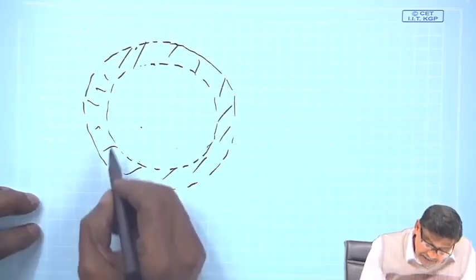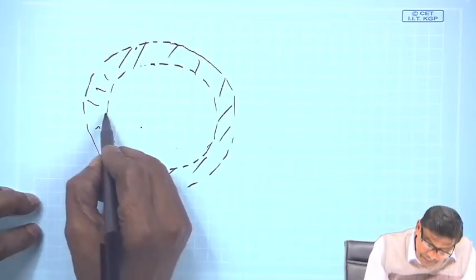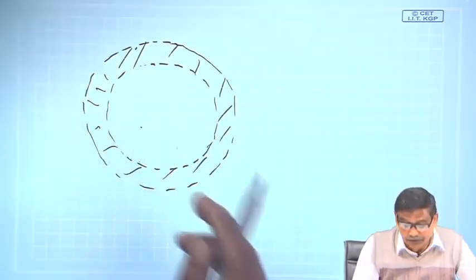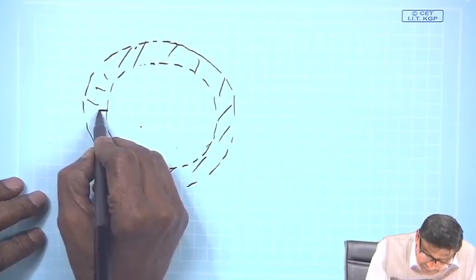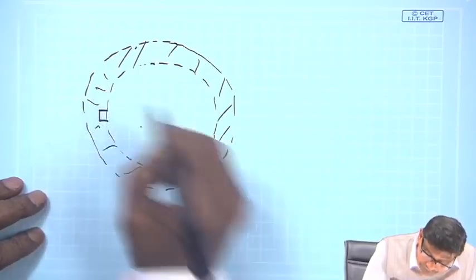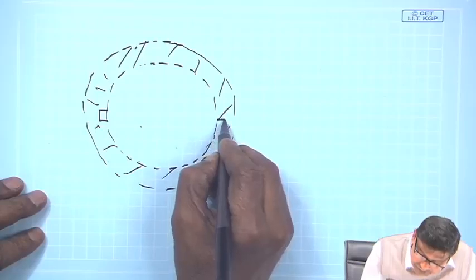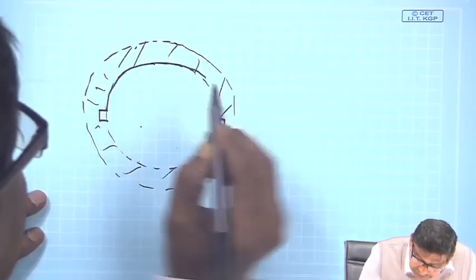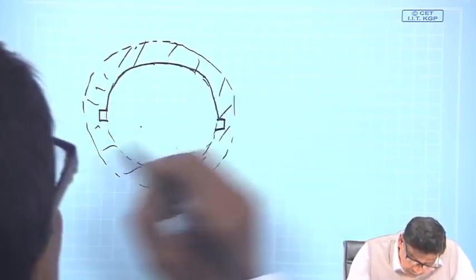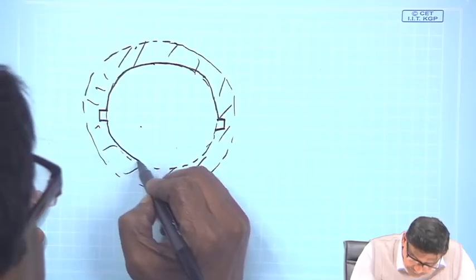Now, instead of projected poles like this, I can cut slots here, and here is another slot. So, this is the stator, with only a pair of slots.